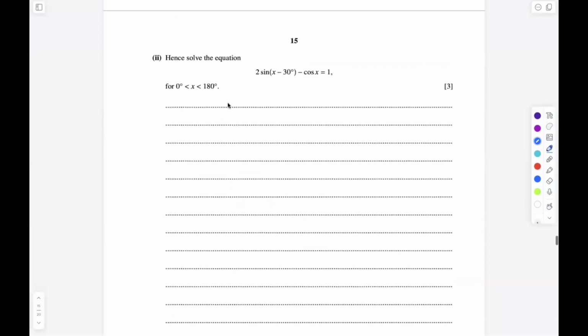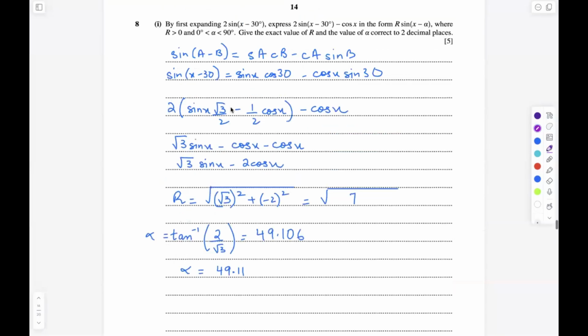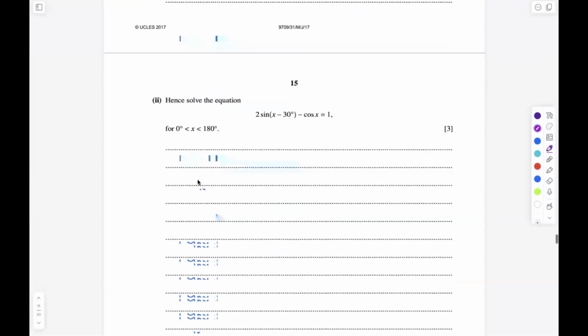In part 2, we have to solve the equation 2 sine of (x minus 30) minus cos x equals 1. Now, in place of 2 sine of (x minus 30) minus cos x, we can substitute the form r sine of (x minus alpha). We already have the value of r, which is root 7, so root 7 sine of (x minus 49.11) equals 1.